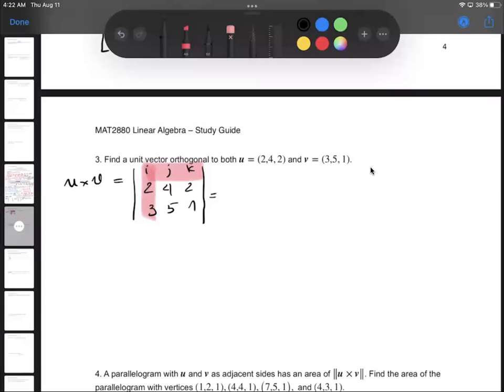Okay, so let's draw this. A is 1, 2, right here.